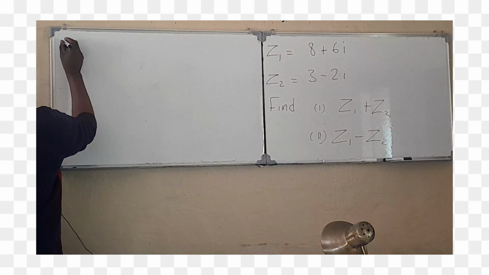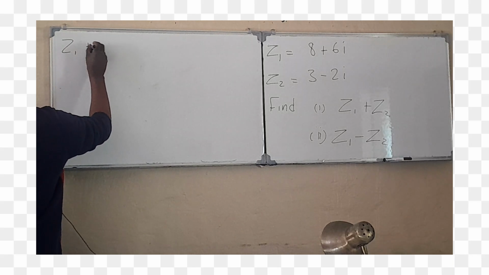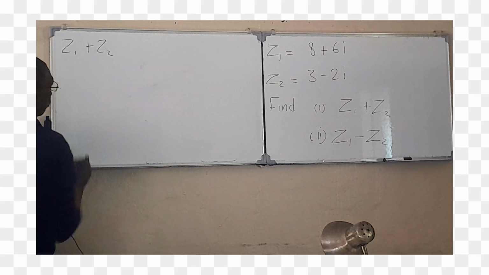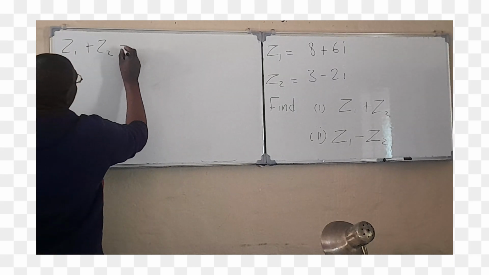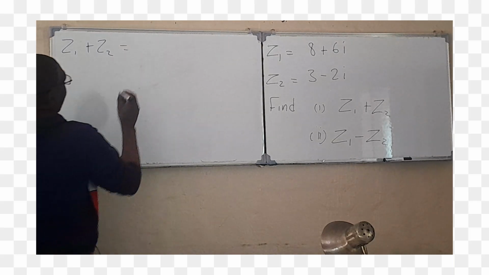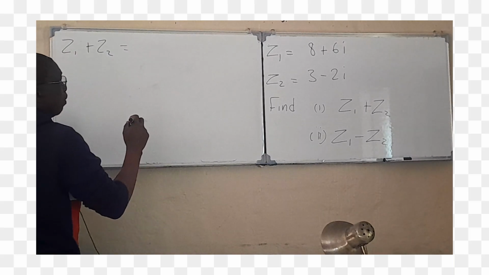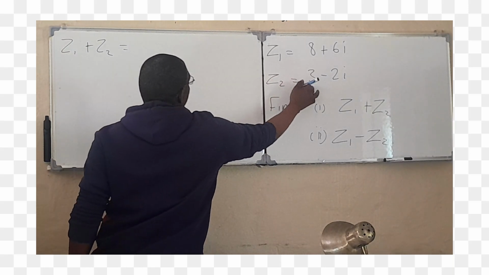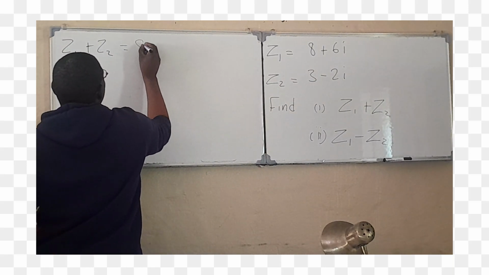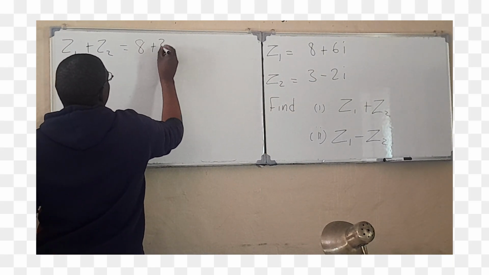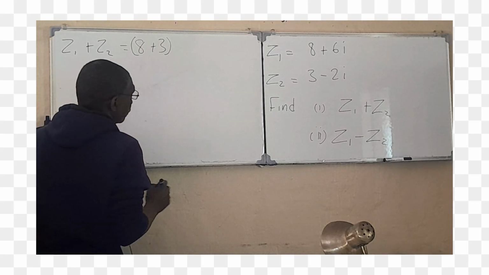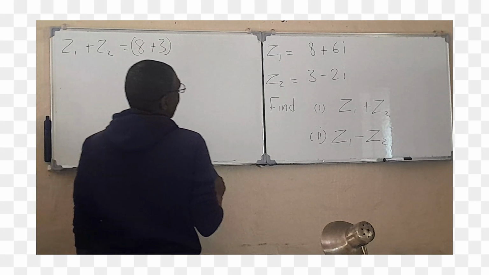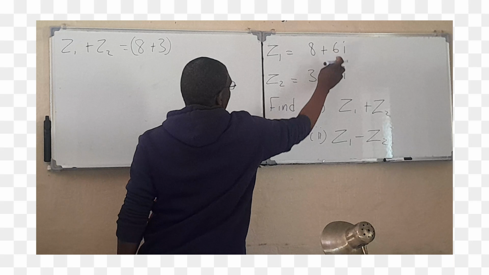So Z1 plus Z2 is equal to, we combine our real parts. We have 8 here and a 3 here. So it's going to be 8 plus 3. Let's put it in brackets. What about the imaginary part? We have a 6 here and a minus 2 there.